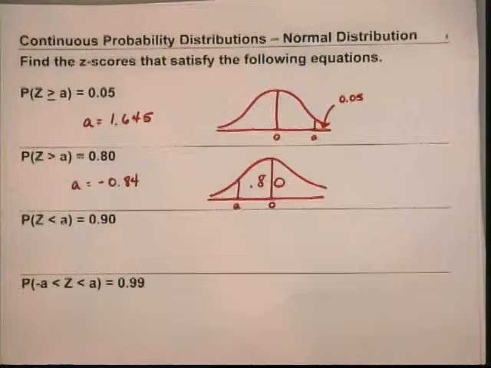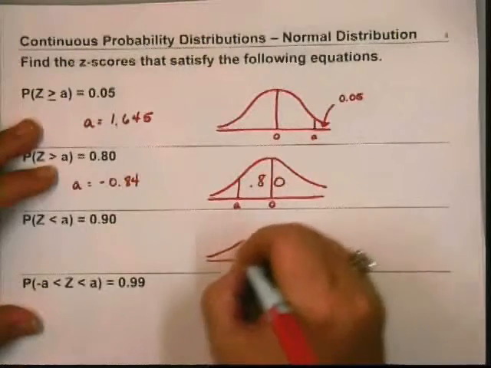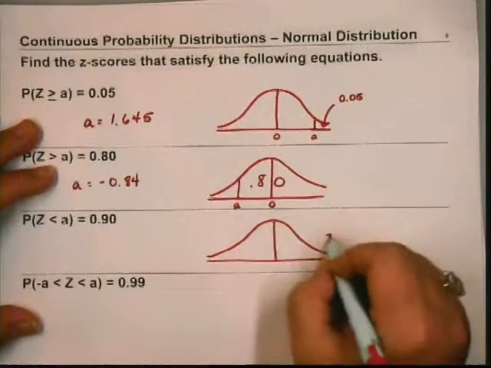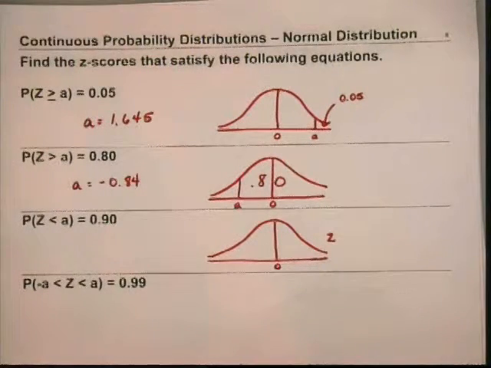All right. Probability that Z is strictly less than A is equal to 0.9. So draw the picture. Where is A with respect to 0?